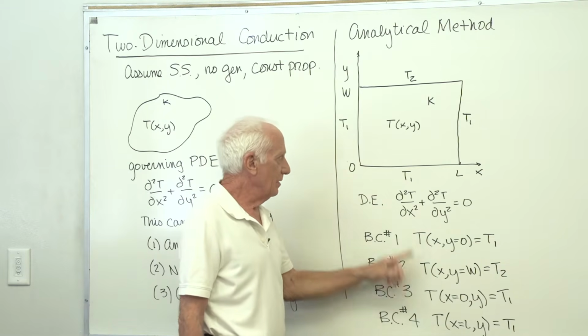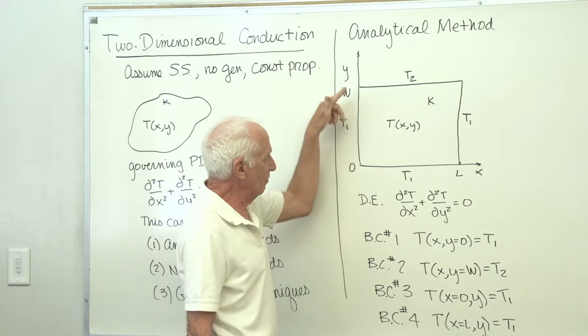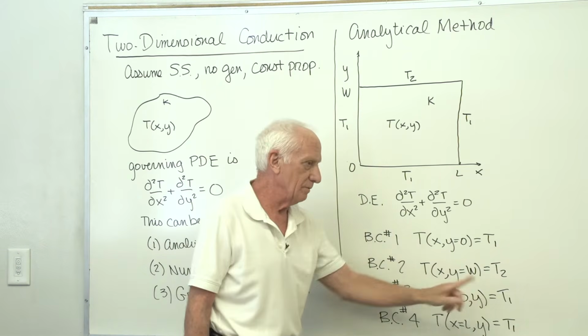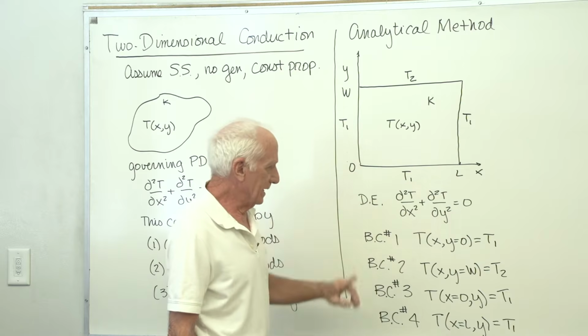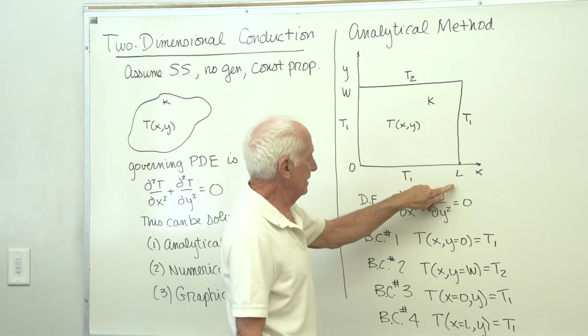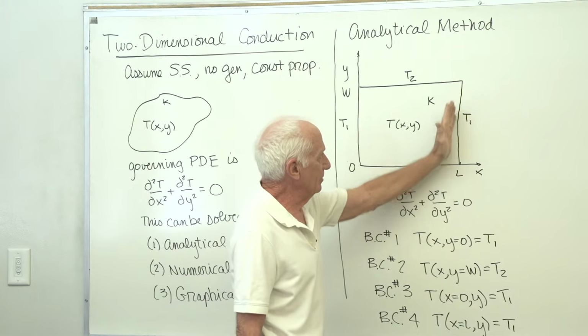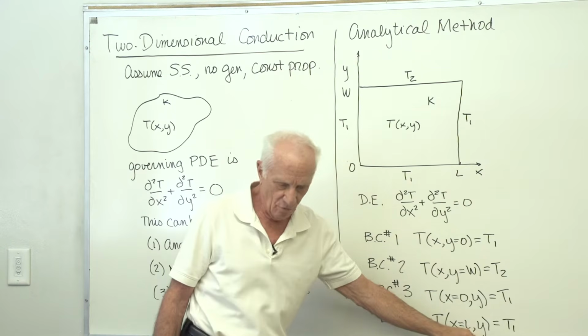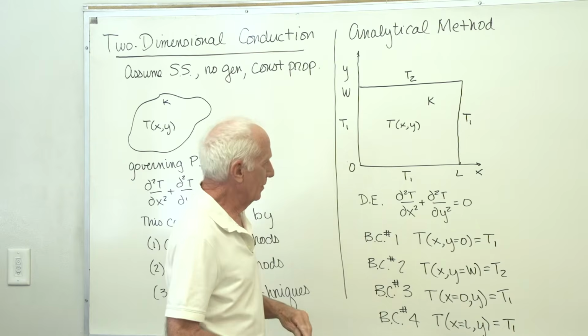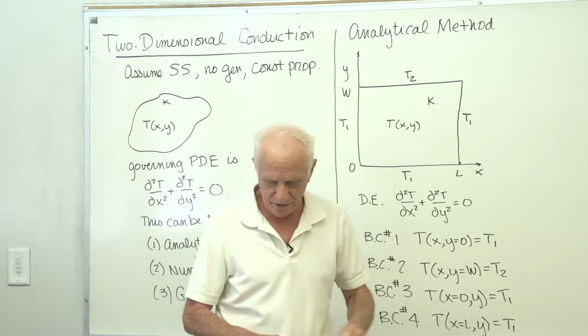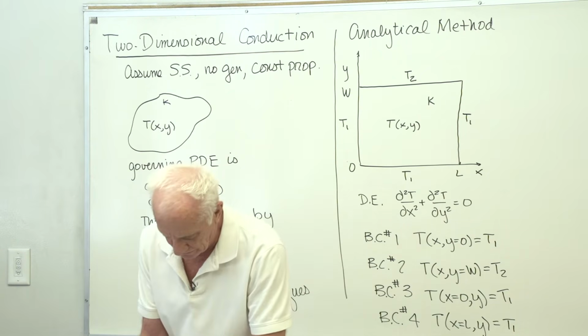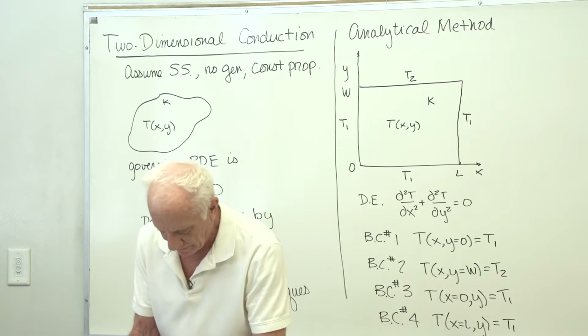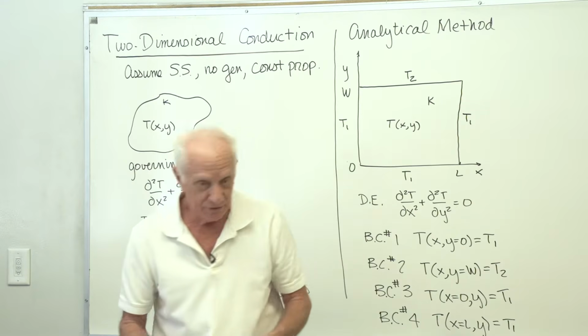The left-hand side: when x equals 0, for any y value, the temperature is T1. The right-hand side, x equals L: for any y value, the temperature is T1. Okay, there's our 4 boundary conditions. We then solve that equation with those boundary conditions, and we end up with this solution.